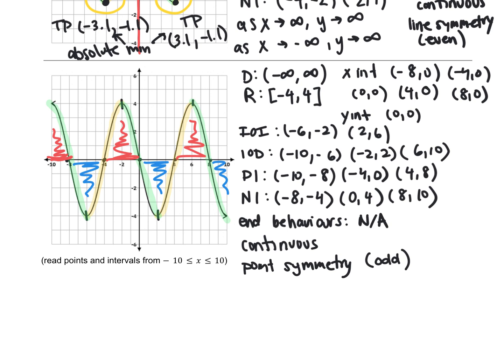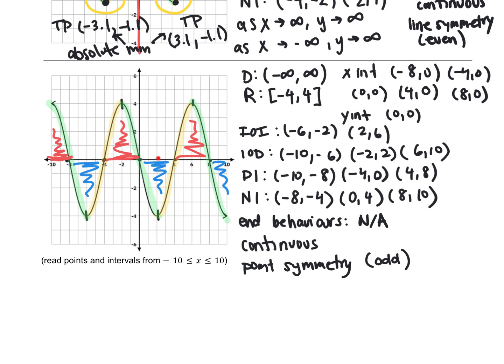This does have line symmetry. If we take any vertical line where we have a minimum or a maximum, the right side can be reflected to make the left side. So for example, at x equals -2, if there was a line right here, this right side is a mirror image of the left side.